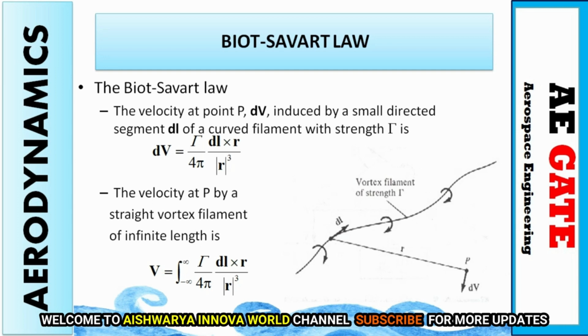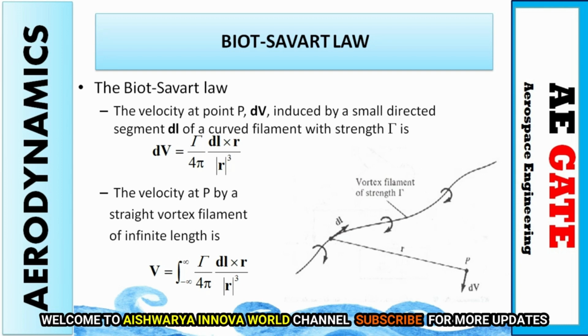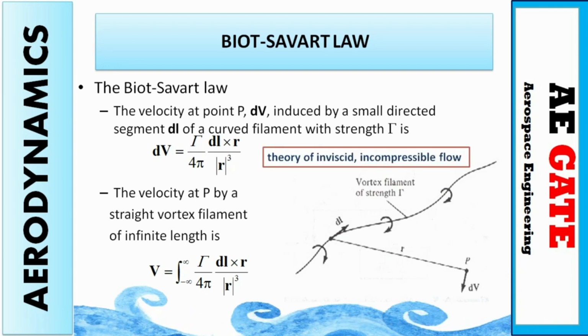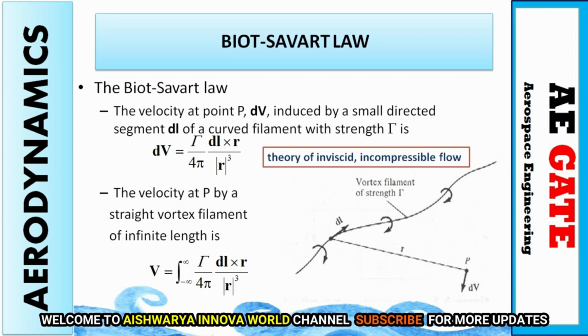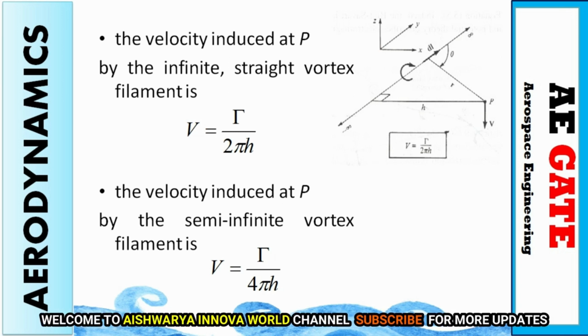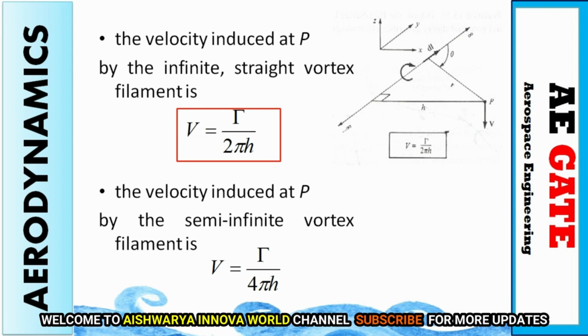According to the Biot-Savart law, we can write dV equals gamma dl cross r divided by 4 pi modulus of r cubed. This law is applicable only for inviscid and incompressible flow. The velocity induced at a point P by a straight, infinite vortex filament is V equals gamma divided by 2 pi h.